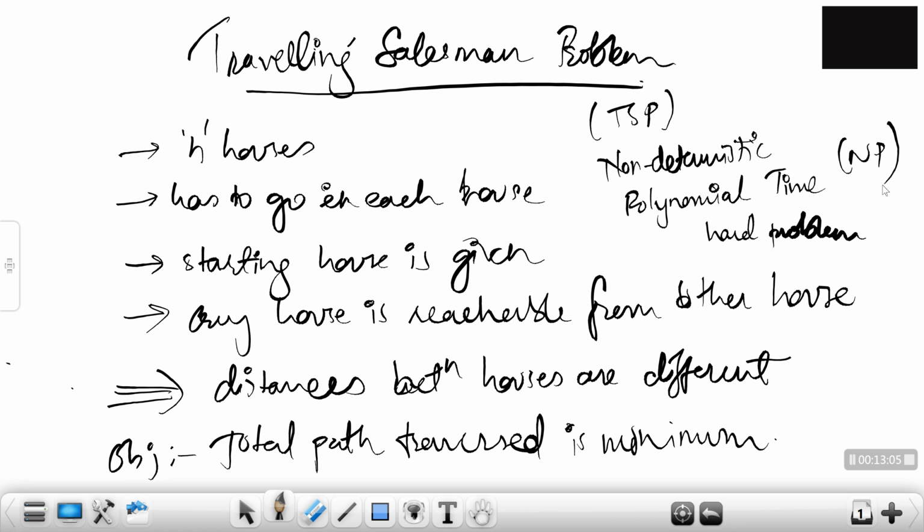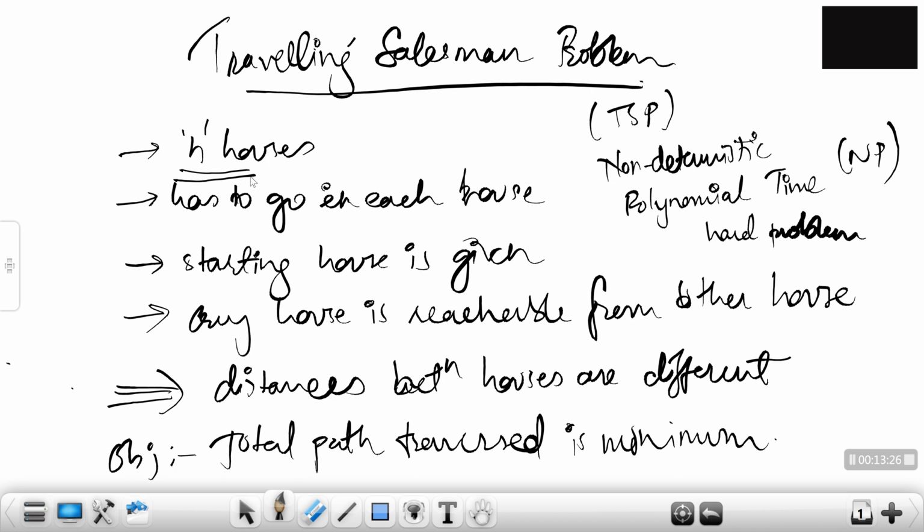That means the solution effort increases exponentially. If the number of inputs n increases, the problem gets that much more difficult. The solution to the problem increases exponentially with the input size. That's the problem in this kind of scenario.